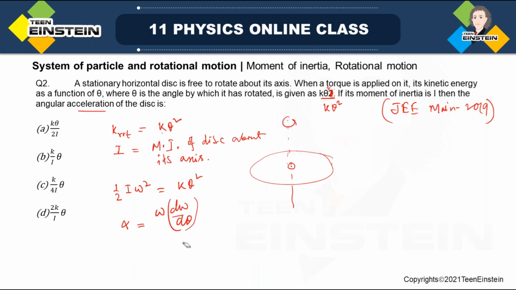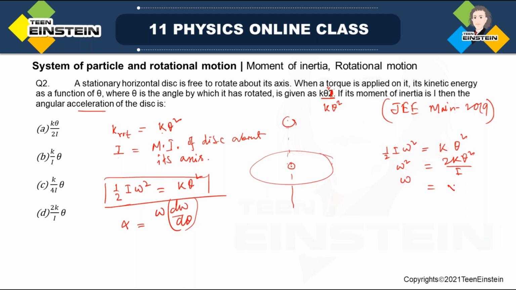Now we have got this relationship, which I am writing again: half I omega square is equal to k theta square. If I write omega square, then it is 2k theta square by I, or omega is equal to the square root of 2k by I into theta.